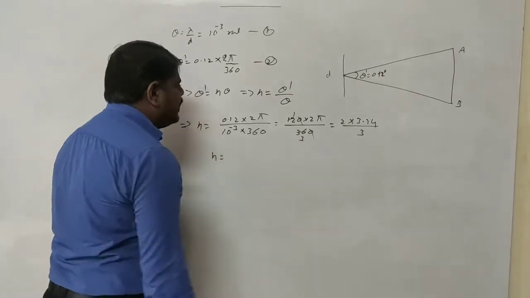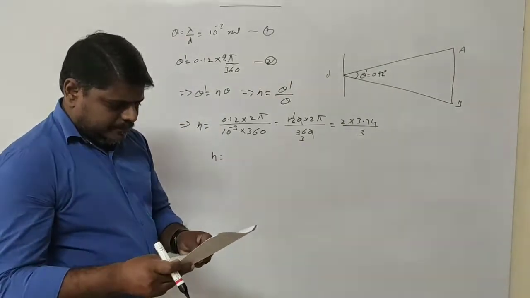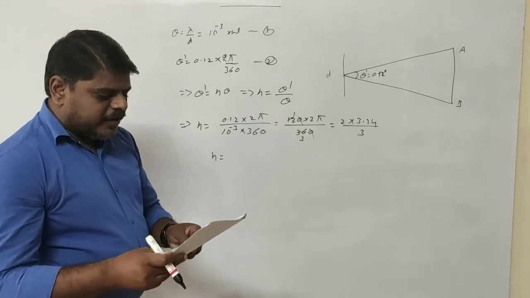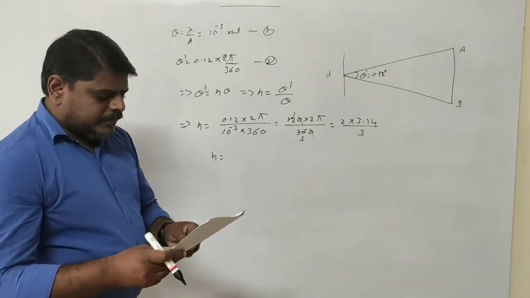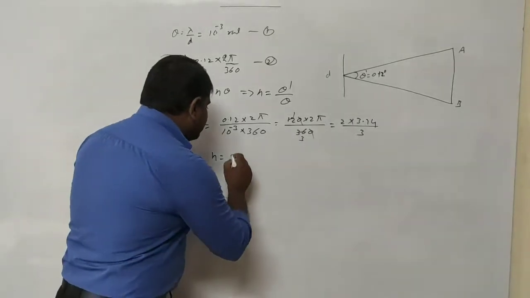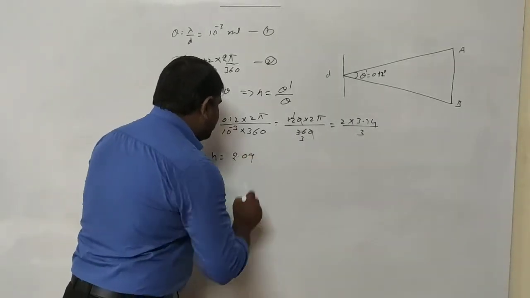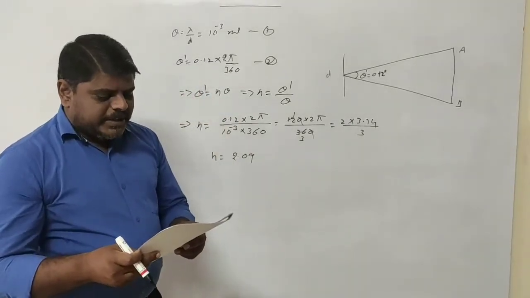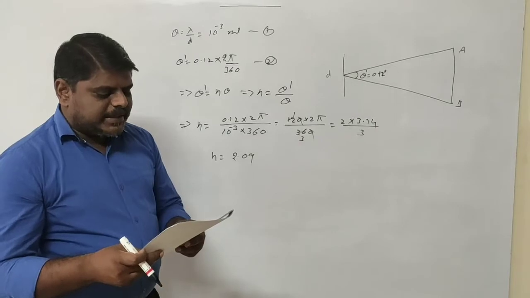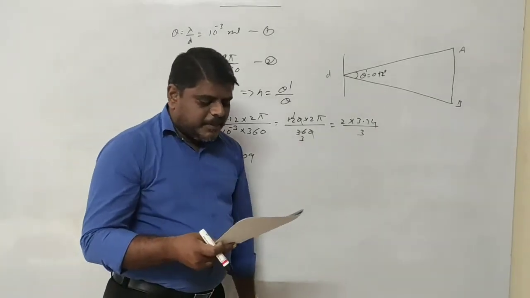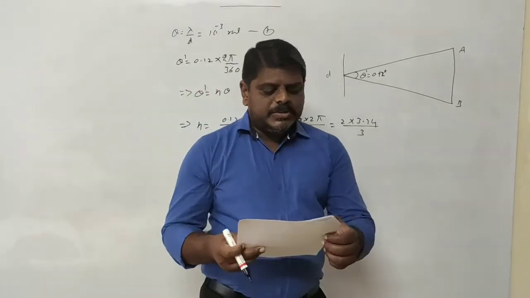When you multiply this value, you get approximately n equal to 2.09, or 2.1. So according to this value, the second option will be the correct one, 2.09. 2.09 means approximately the value is 2.